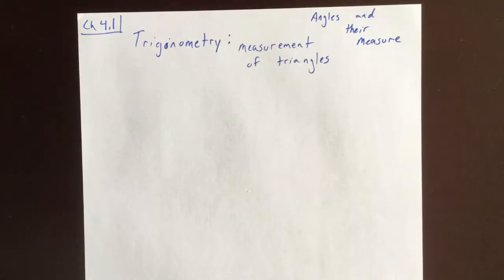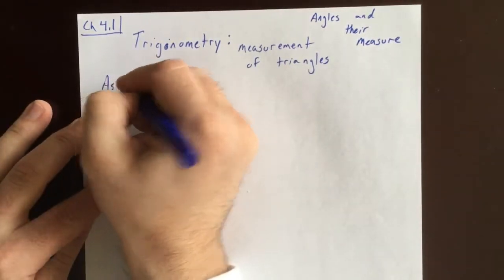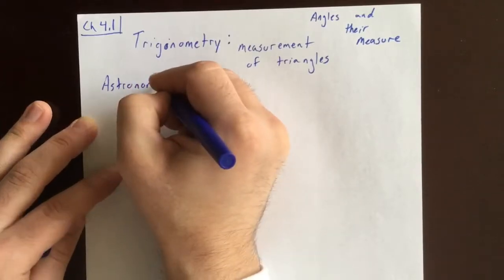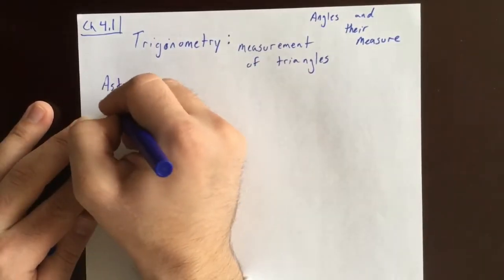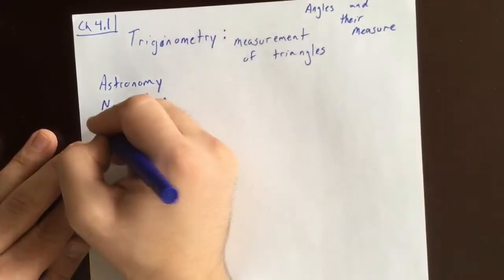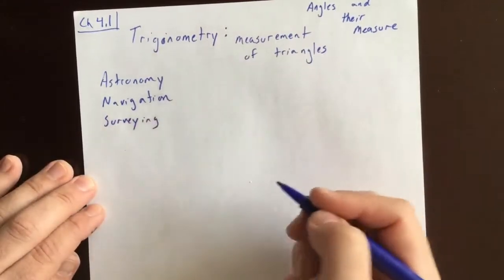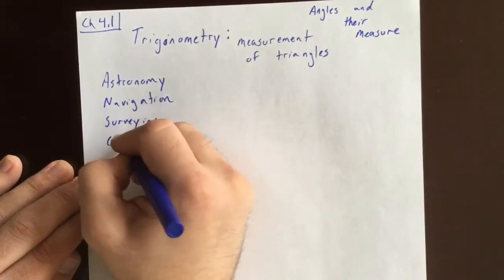So this topic of trigonometry began actually being used in the development of astronomy, navigation, surveying, and construction.